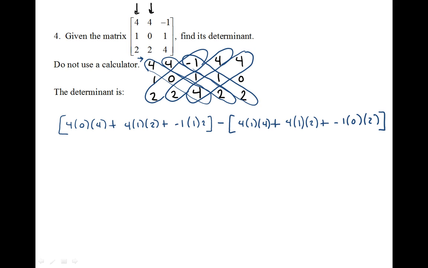So this is going 4 times 0 times 4 is 0 plus 4 times 1 times 2 is 8 plus negative 1 times 1 is negative 1 times 2 is negative 2. So that side is equal to 6.